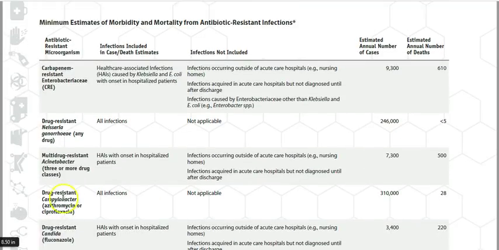Here is a chart. Minimum estimates of morbidity and mortality from antibiotic-resistant infections.